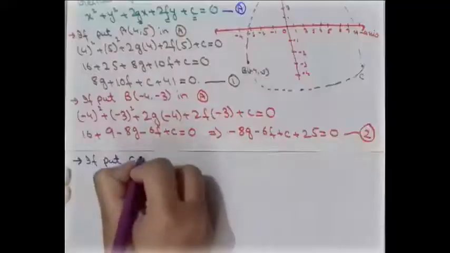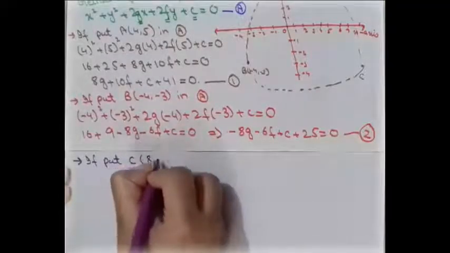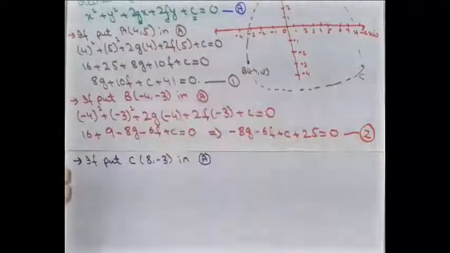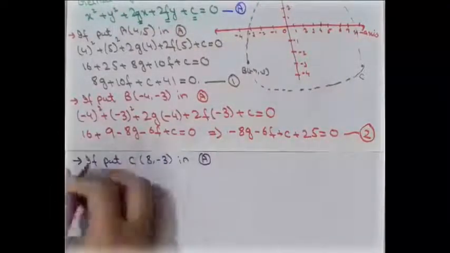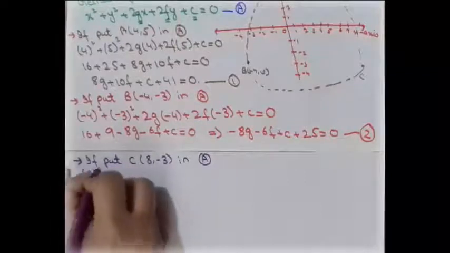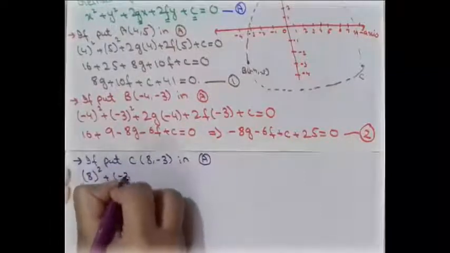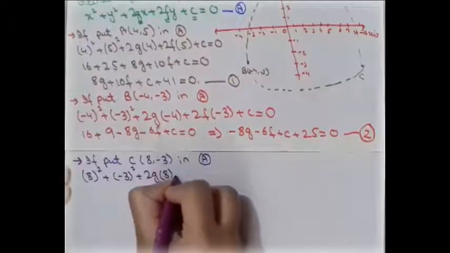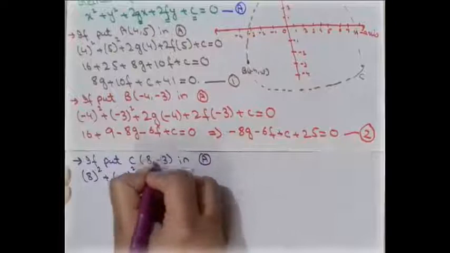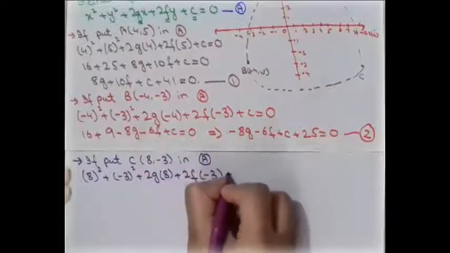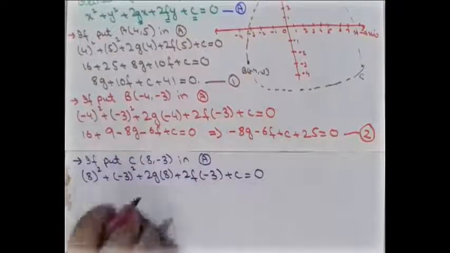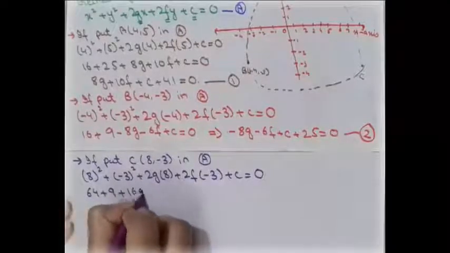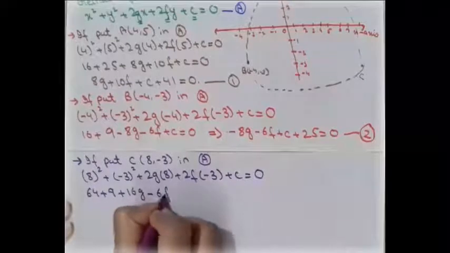We put the last point, which is 8, minus 3, in equation A. So the value of x is 8 in this case, 8 square plus minus 3 square plus 2g times 8 plus 2f times y, which is minus 3, plus c, which is equals to 0. So it will be 64 plus 9 plus 16g minus 6f plus c.